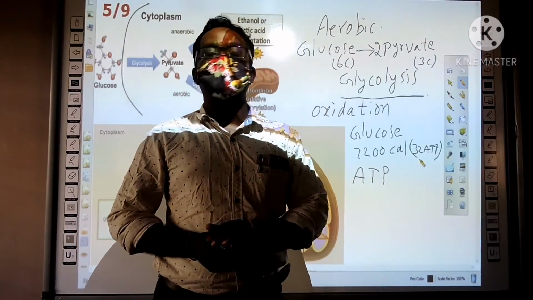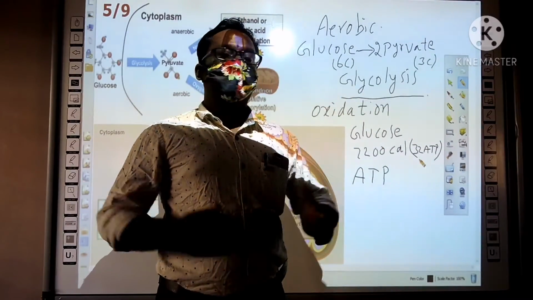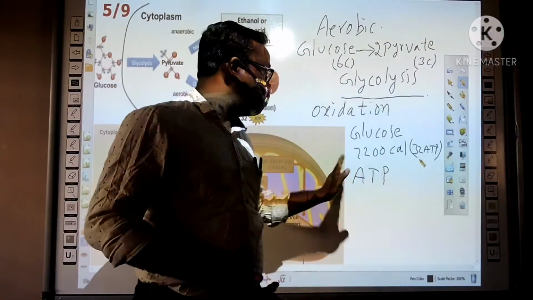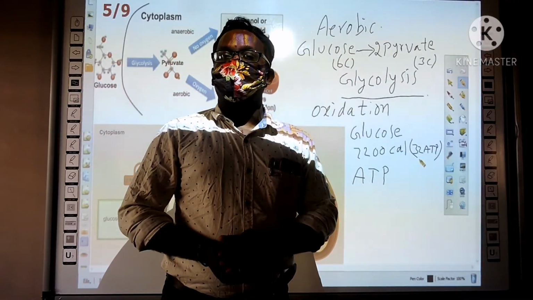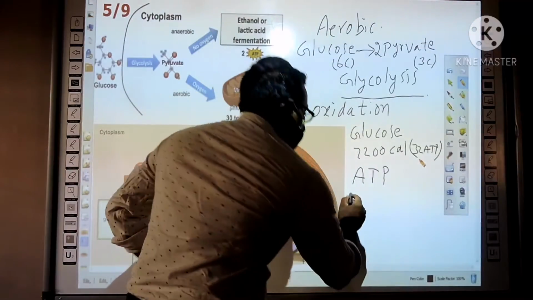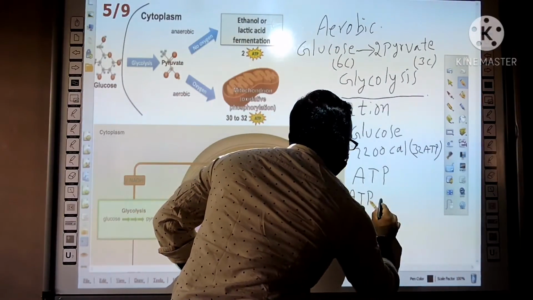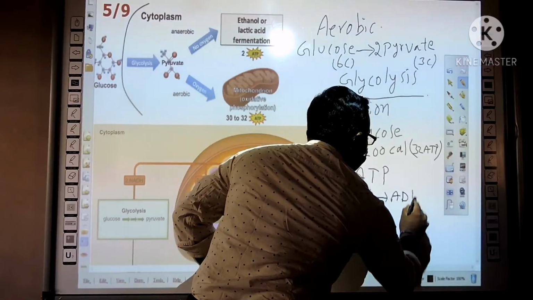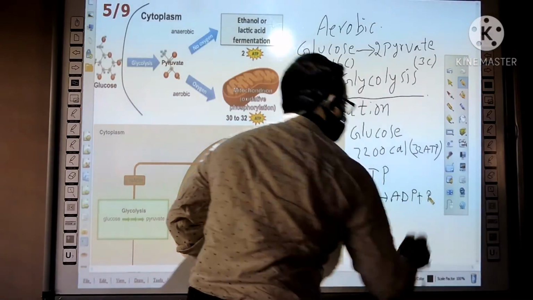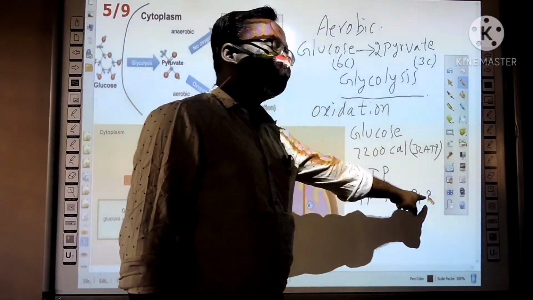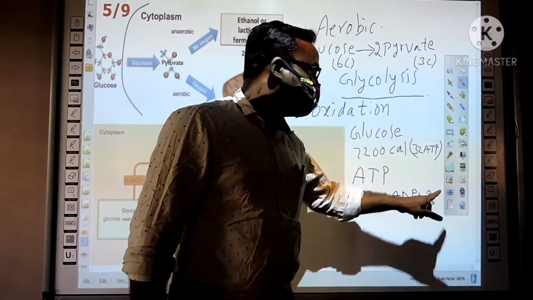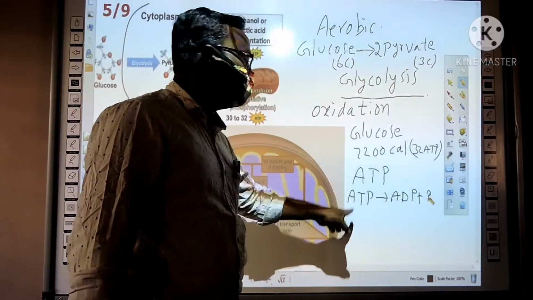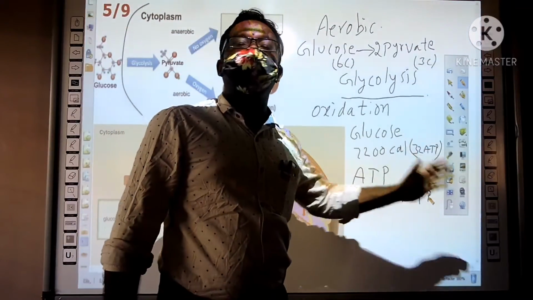So whenever you need energy, the ATP breaks down and energy is released. ATP breaks down into ADP plus phosphate. The energy stored in the phosphate we use. Again, phosphate combines with ADP and forms ATP. That is the oxidative phosphorylation process.